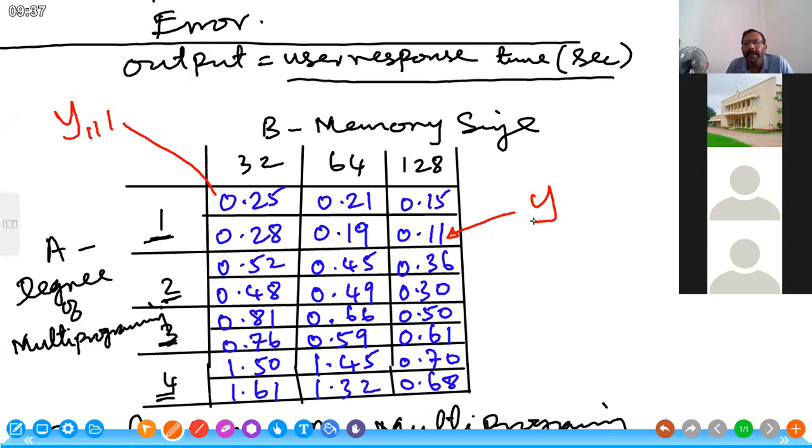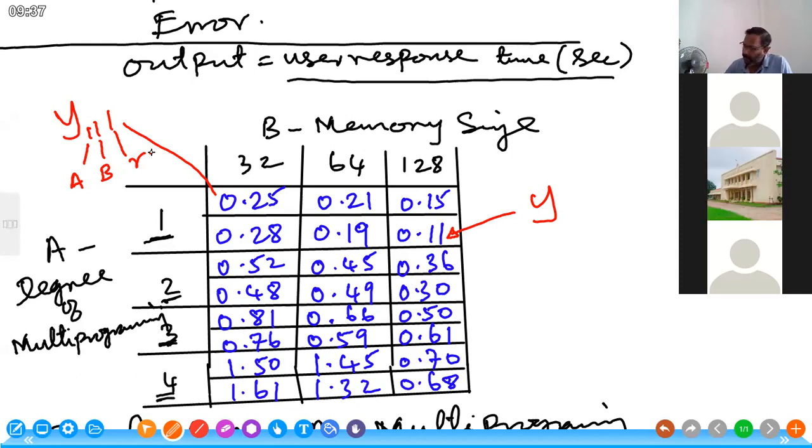Anyone? Just try, no problem. This is indicating factor A. This is indicating factor B. This is indicating replicate. How can I write like that? Why? Anyone?